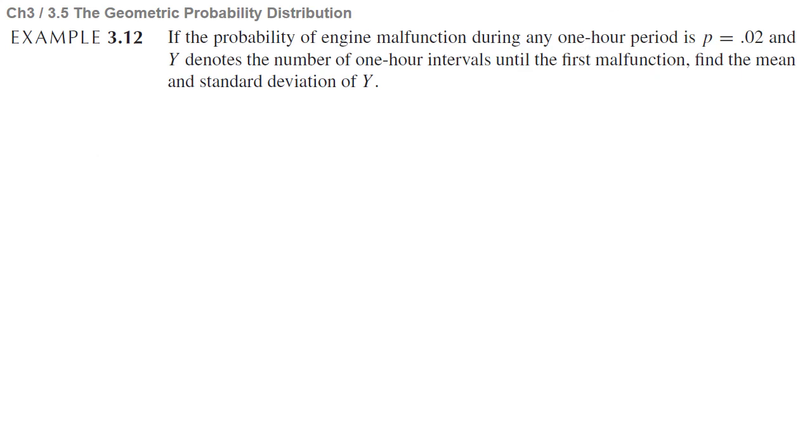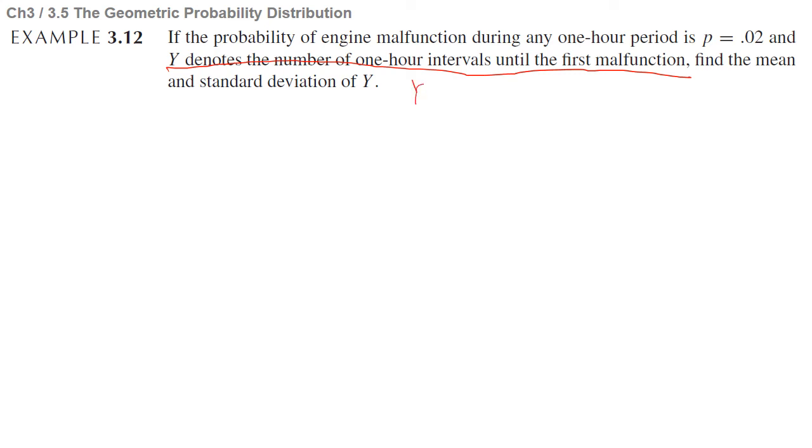Okay, the next slide is for example 3.12. If the probability of engine malfunction during any 1 hour period is 0.02, and Y denotes the number of 1 hour intervals until the first malfunctioning, find the mean and standard deviation of Y. What would be the related distribution for Y?